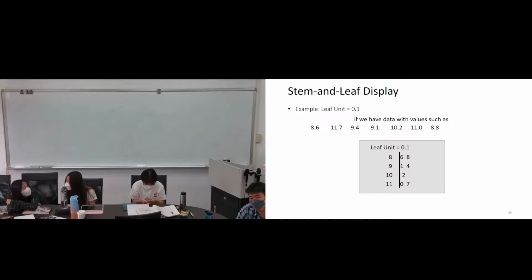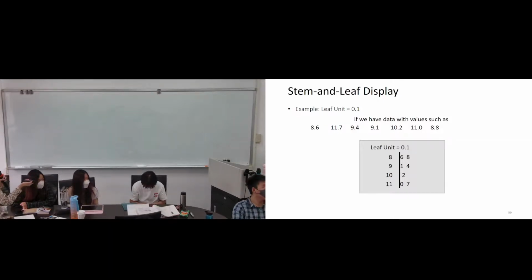Okay, let's see this example. If we have data with values such as 8.6, 11.7, 9.4, 9.1, 10.2, 11.0, 8.8, and we use a leaf unit of 0.1, then we draw the vertical line. To the left of the vertical line is the stem: 8, 9, 10, 11.